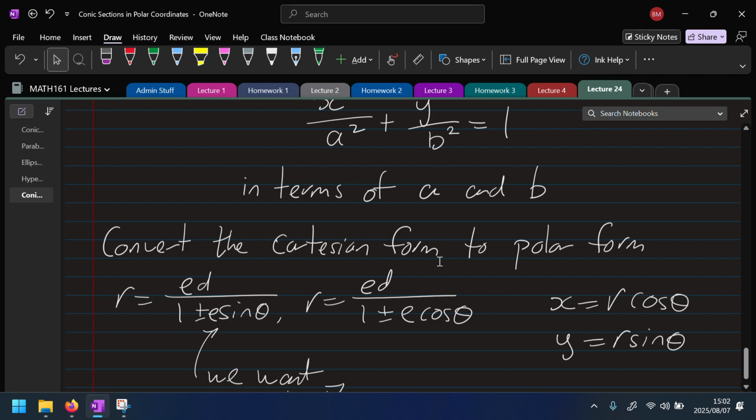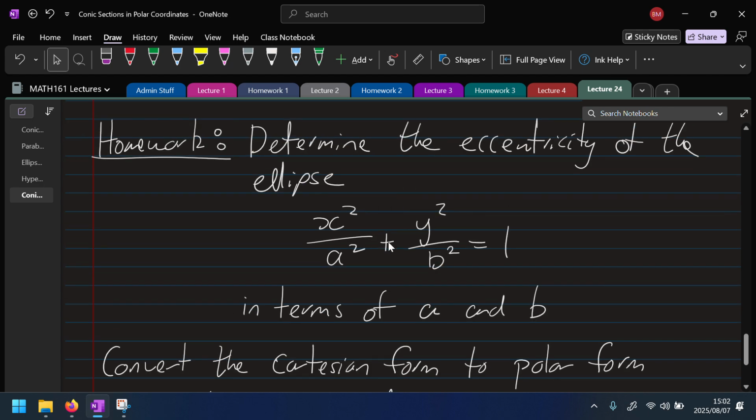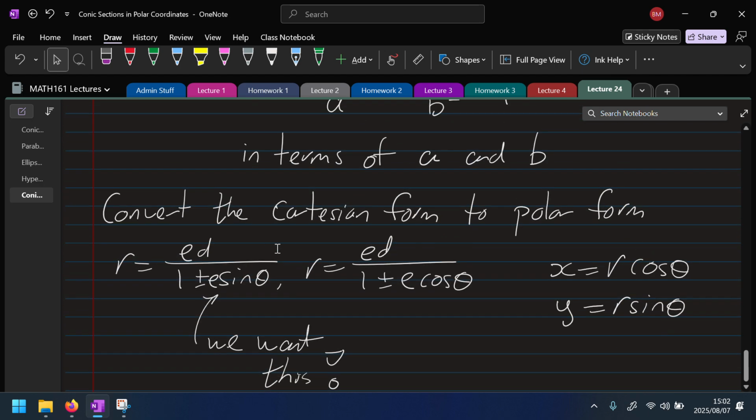So you're going to take x and y, substitute them in here, and see what the r is. Put x in, put y in, solve for r. It will be one of those two. I'm not telling you which one, it will be one of them. And then you see what your e is. Anything else?